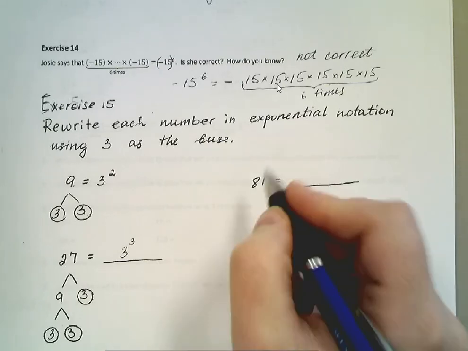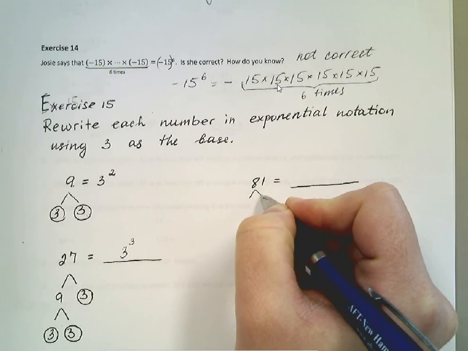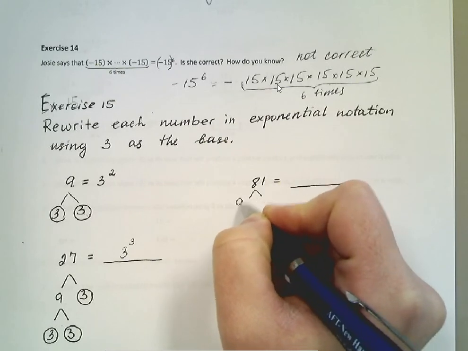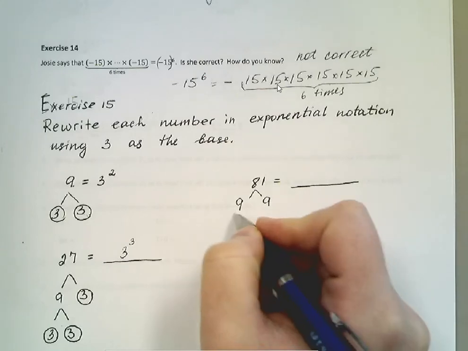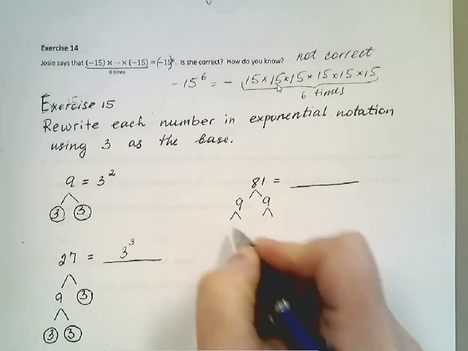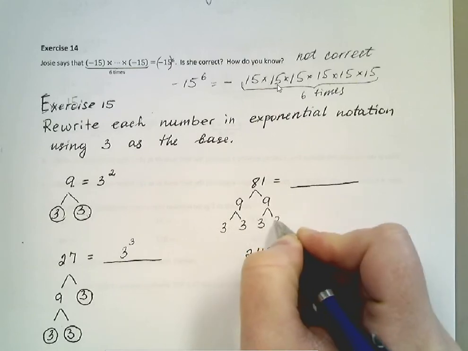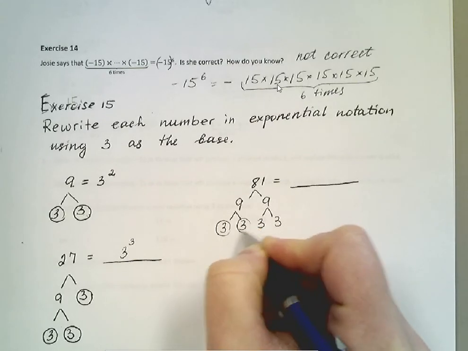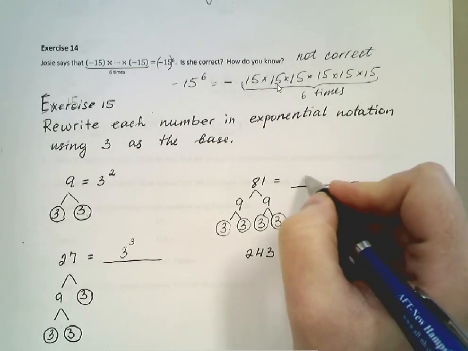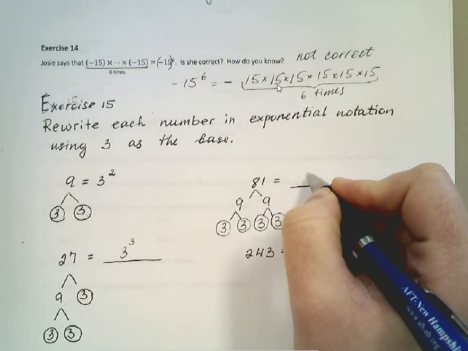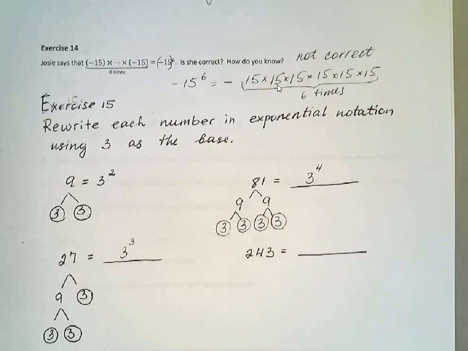Okay, so if I look at the 81, I can make it as 9 times 9, right? 9 is not a base of 3, so I'm going to keep dividing that 9, and I will get 3 times itself 4 times. That means I have 81, and I can rewrite it as 3 to the 4th power.